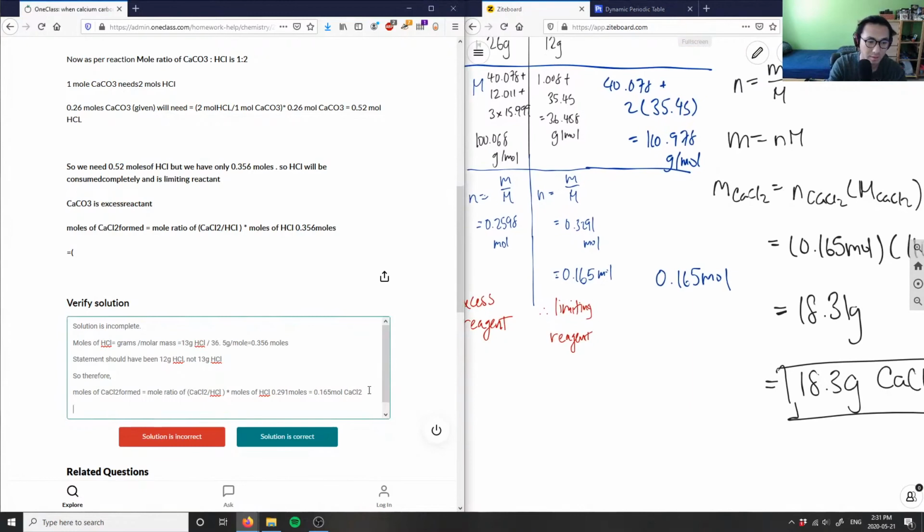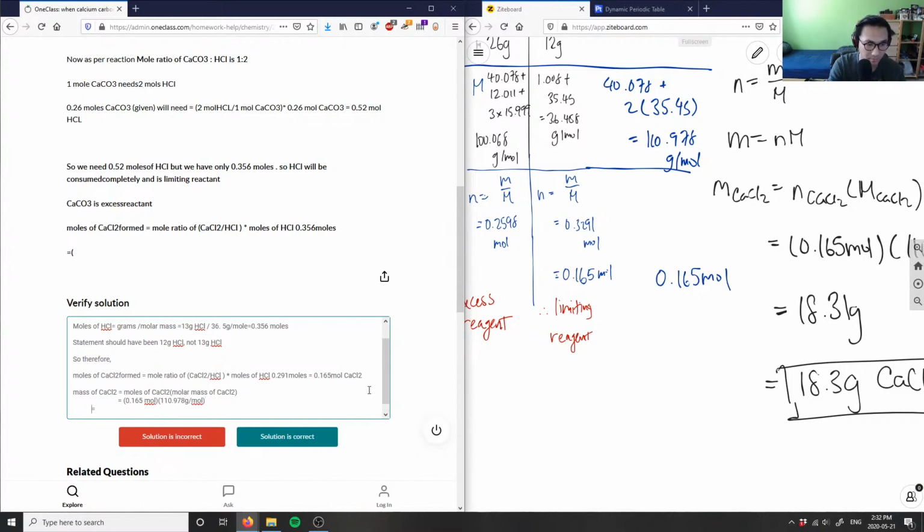And then what we can say is the mass of CaCl2 is going to equal moles of CaCl2 multiplied by the molar mass of CaCl2. I'll just finish off this problem for them. I'm going to say that the moles here is 0.165 moles multiplied by 110.978 grams per mole.